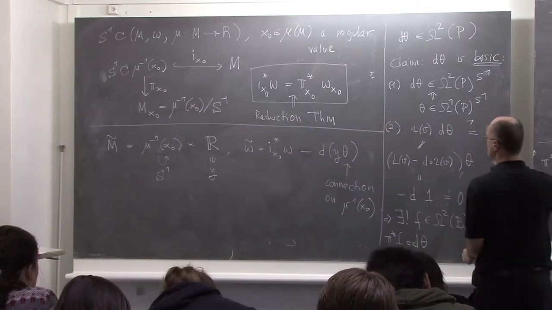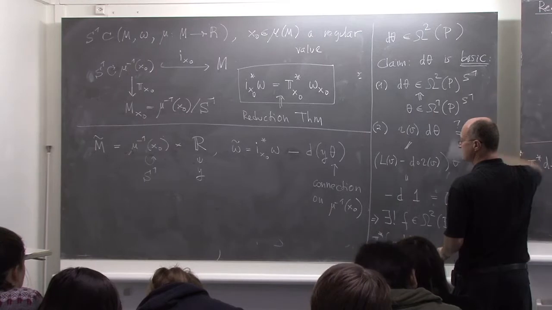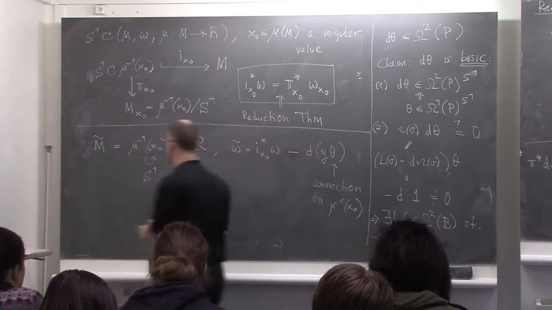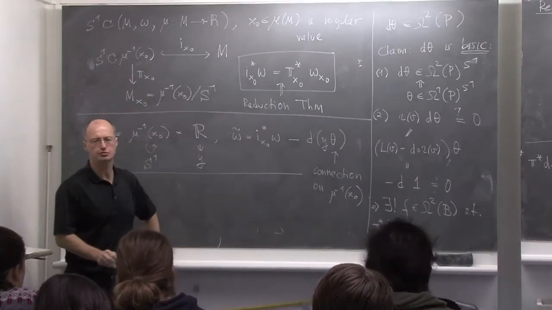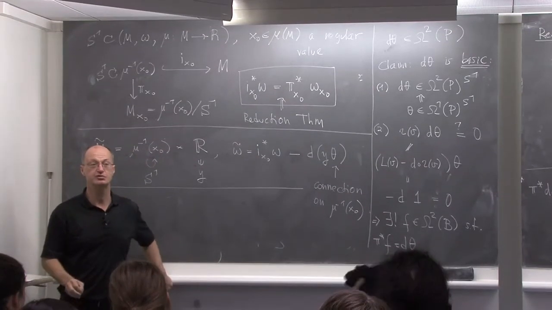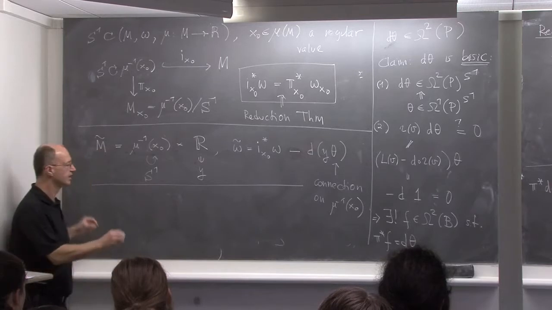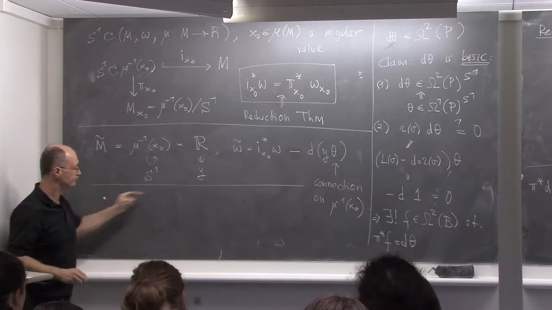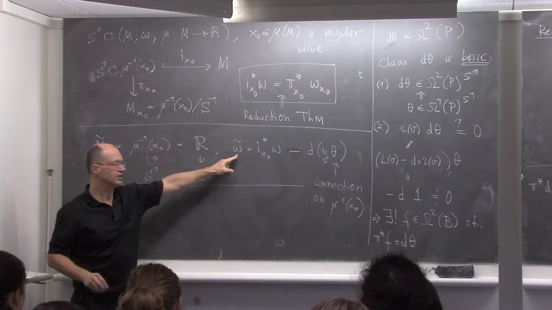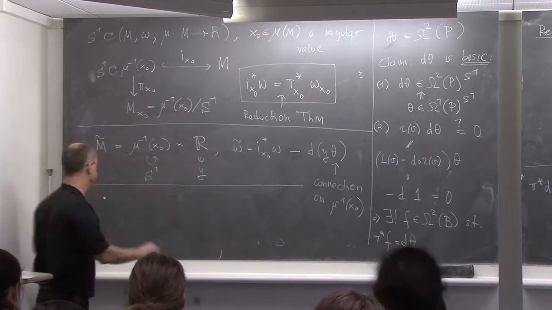What can we say about this form omega tilde? Simple things we'll perhaps prove, and maybe more involved things we leave as exercises. First of all, it's clear that it's closed.